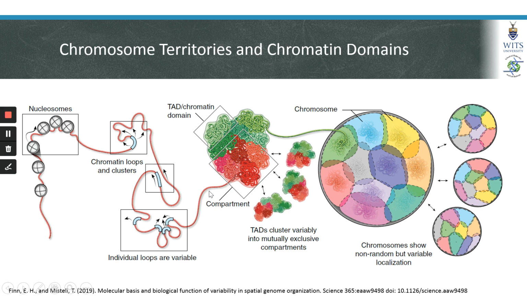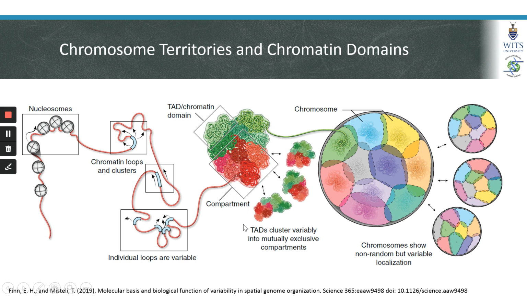These loops and clusters can occupy specific positions within the chromatin domain. So we refer to these different localized positions as compartments. So each of these domains within a chromosome, so this part of the diagram represents a single chromosome, can occupy a different position.